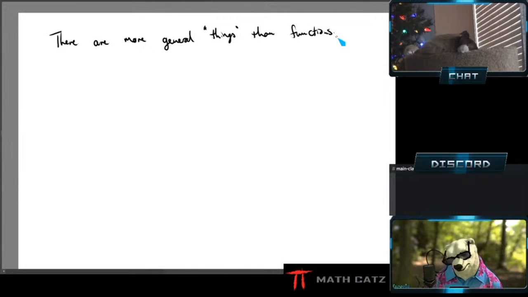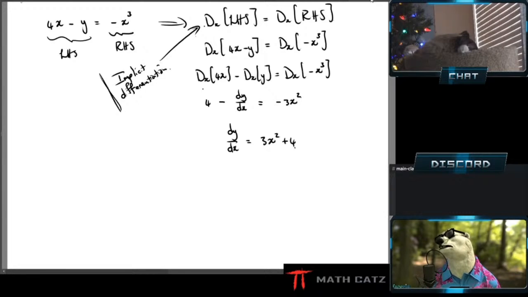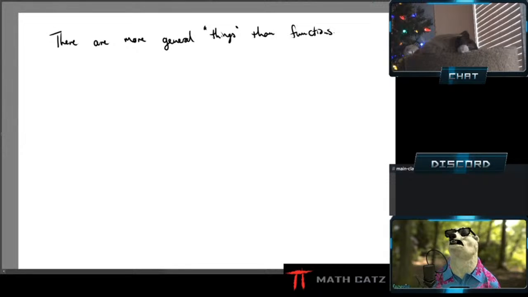casually speaking, there are things that come from equations where I can't solve for y. If I can solve for y, that's a function. If I can't solve for y, it's part of this more general structure called relations.